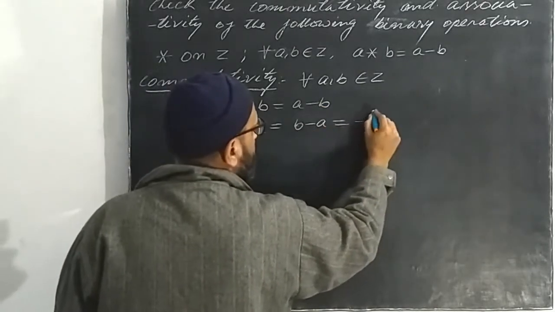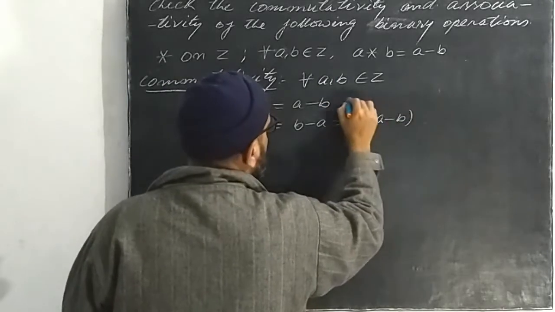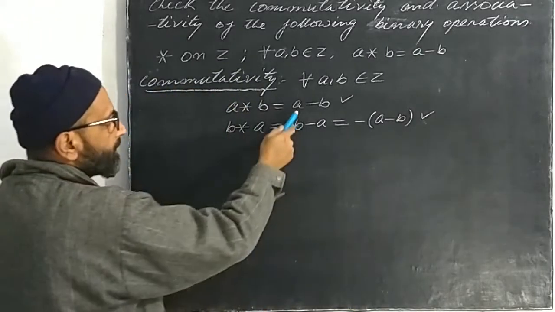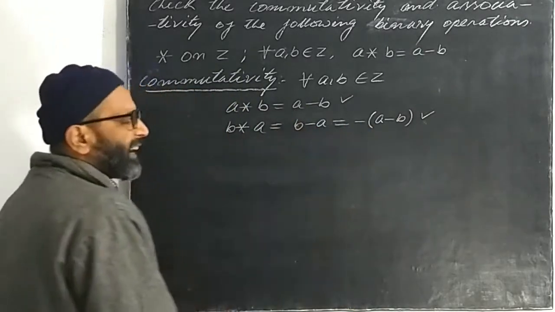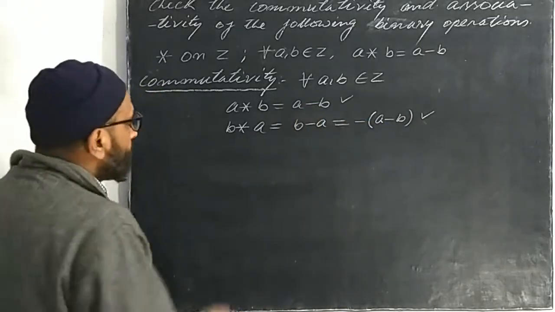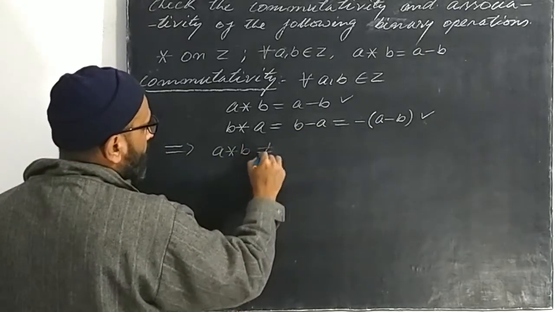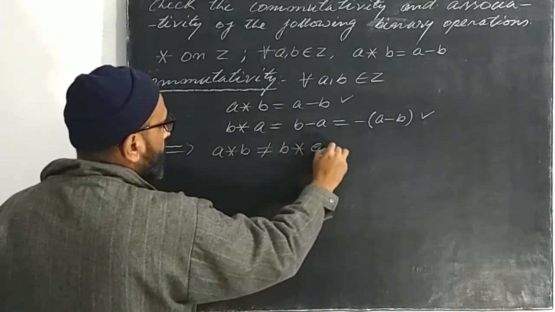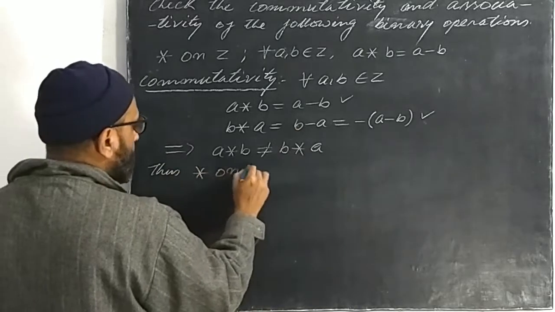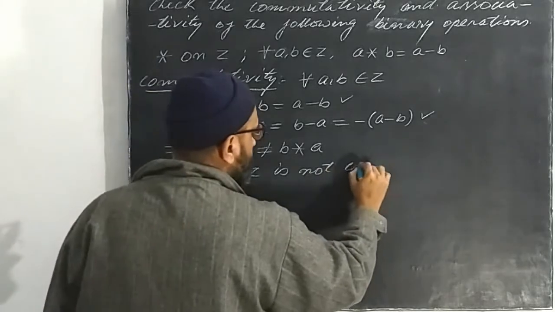Taking minus common out of it, we have minus of a minus b in the bracket. If we compare these two expressions, they are different, because one is a minus b and the other is the negative of a minus b, which may not be equal. It implies that a star b is not equal to b star a. Thus, star on Z is not commutative.